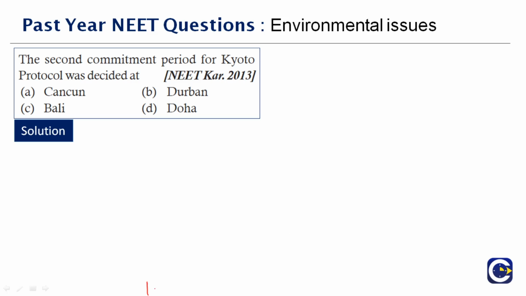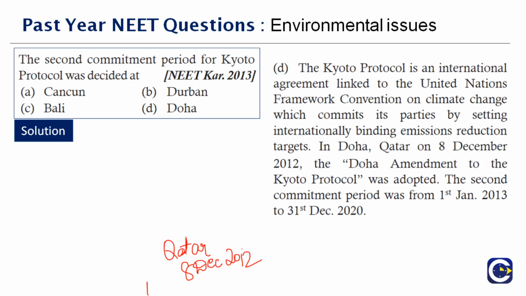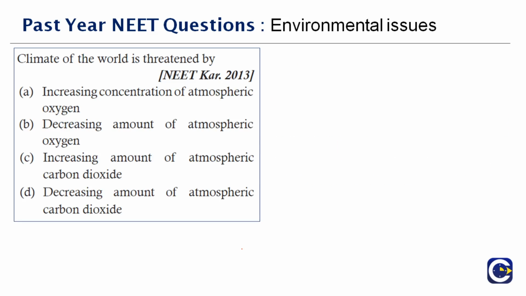This happened in Doha, in Qatar, on 8th December 2012. In this amendment to the Kyoto Protocol, the second commitment period was adopted, running from 1st January 2013 to 31st December 2020. Okay, fine.